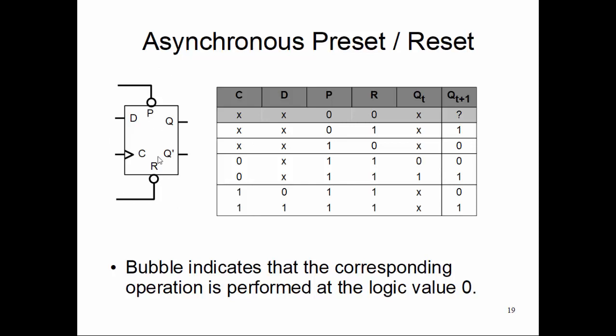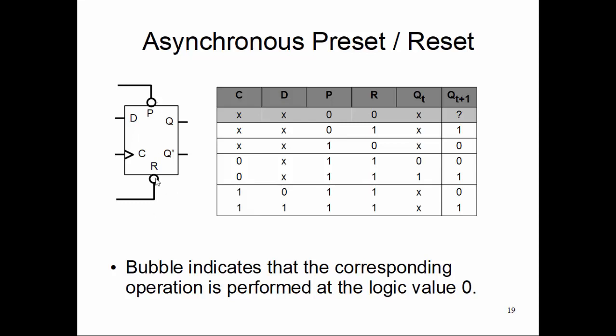Means we very well know, with this schematic symbol, we readily infer if I set my P to 0, it is going to be a preset condition, assuming R is 1 at that point. And if R is 0 and P is 1, then that's my reset condition. And if both are 1, that's my hold condition, and both are 0 is my reset condition.